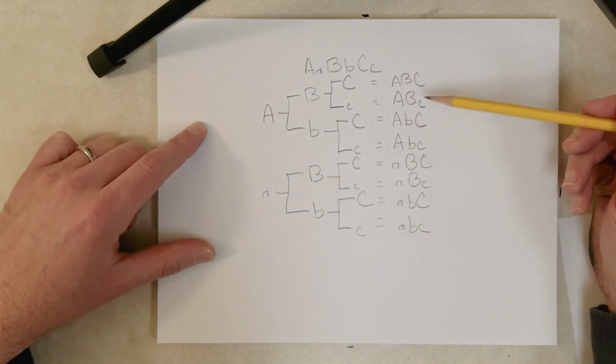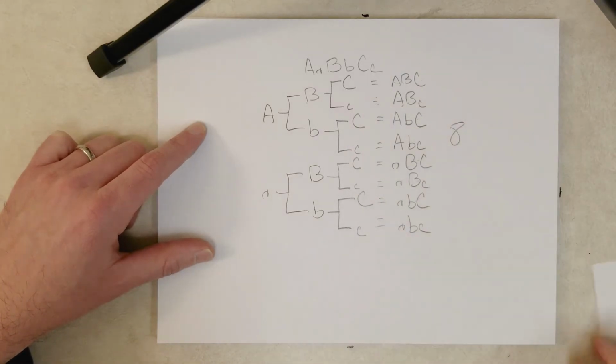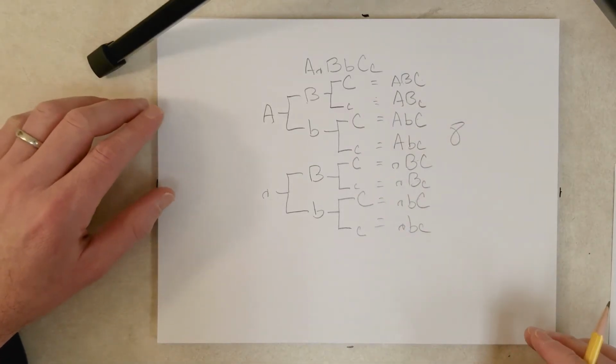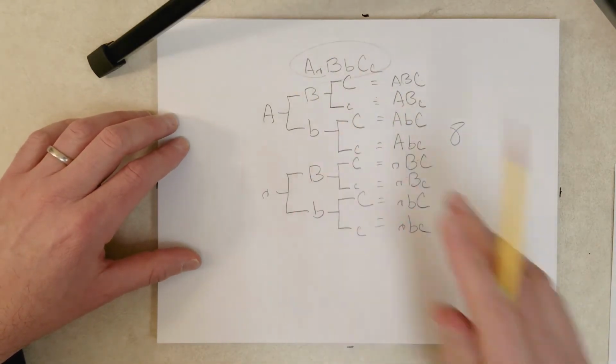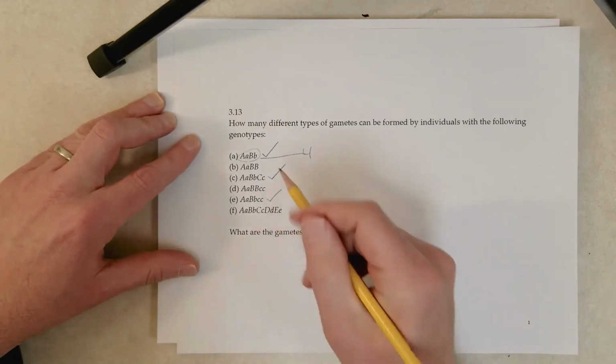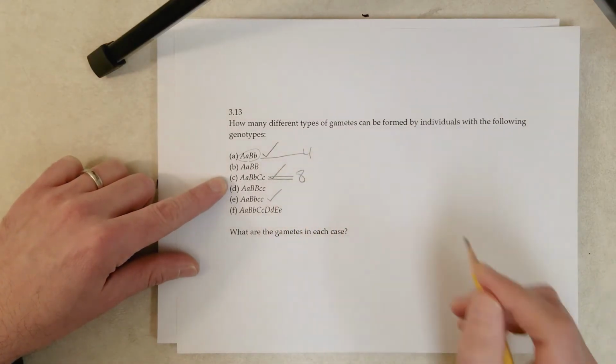And we can see we have 1, 2, 3, 4, 5, 6, 7, 8 genotypically distinct gametes from this individual here. So that one equals 8.